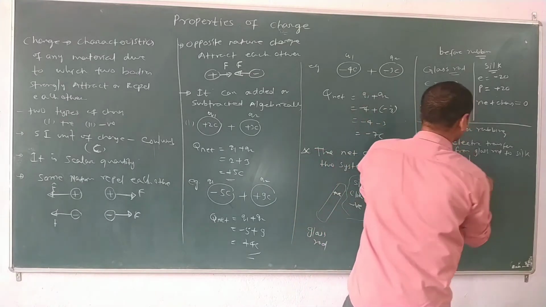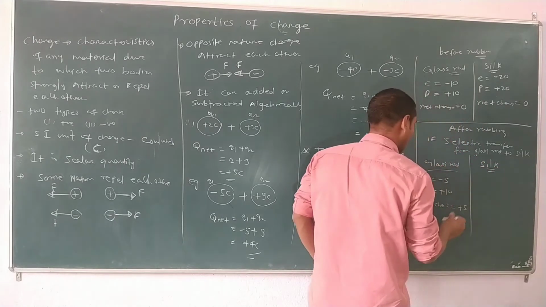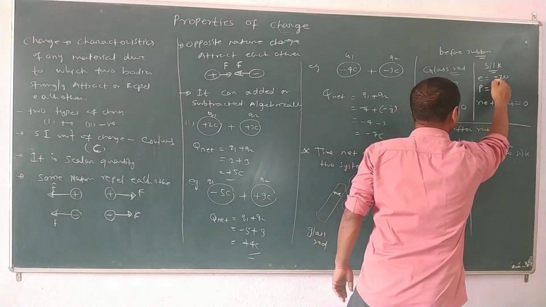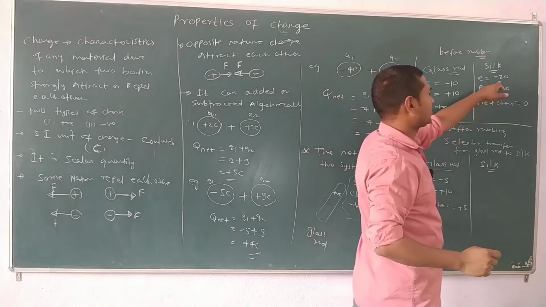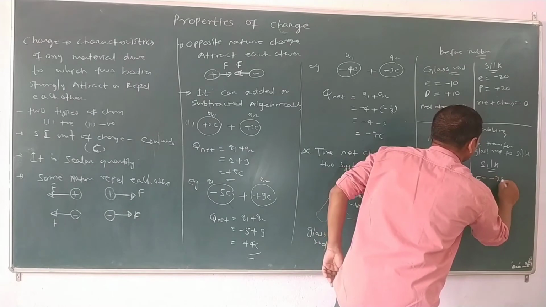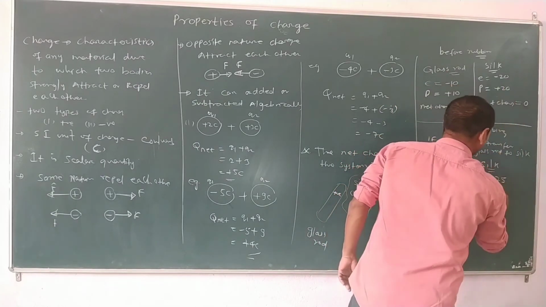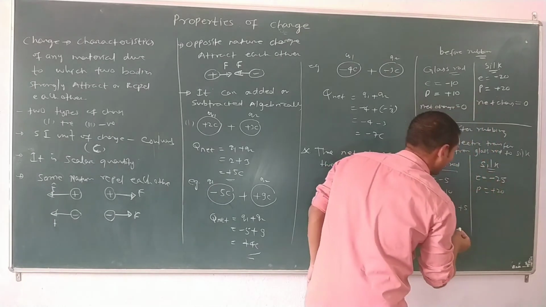And you can see here after rubbing, what will happen with the silk cloth? It gains electrons, that is 5 extra electrons on the silk cloth, so the number of electrons becomes minus 25 because 20 is available already. Then the protons are 20, there is no disturbance on the protons.